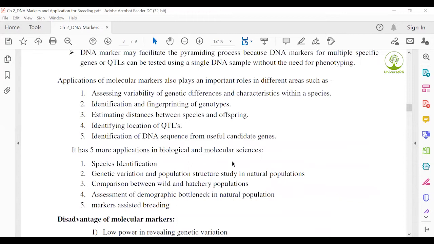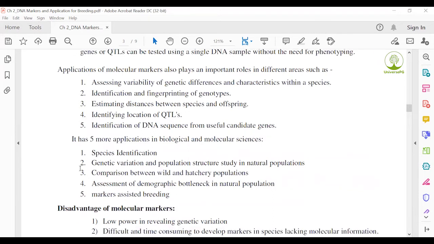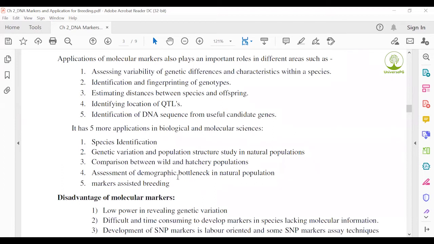It has five applications in biological and molecular sciences, species identification. We also use DNA markers for species identification, genetic variation and population structure study in natural populations, comparison between wild and hatchery populations, assessment of demographic bottlenecks in natural populations, marker-aided breeding.